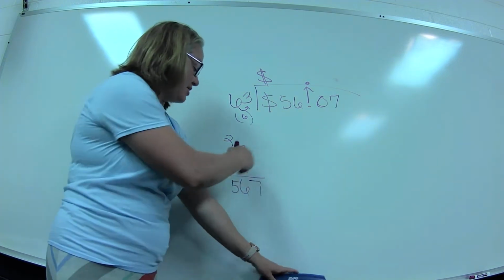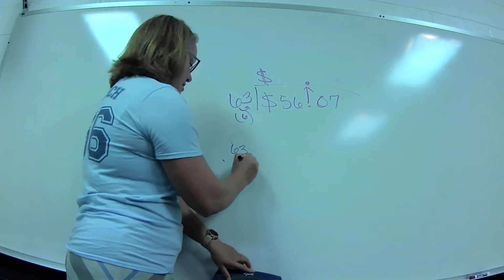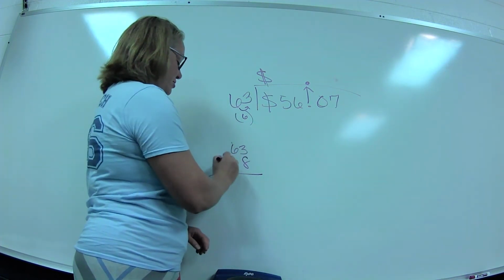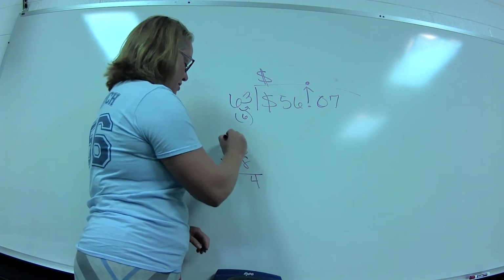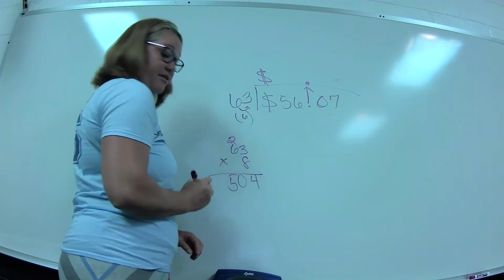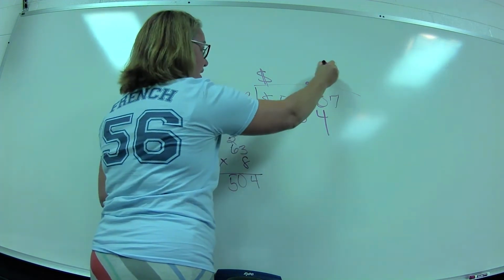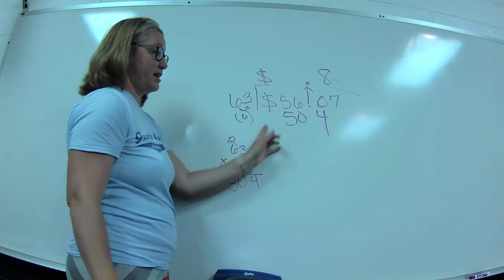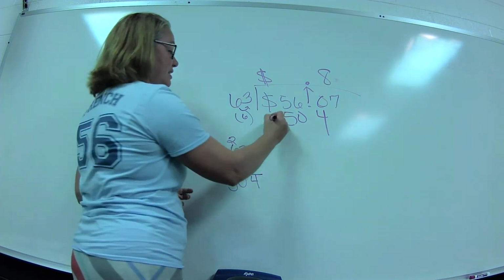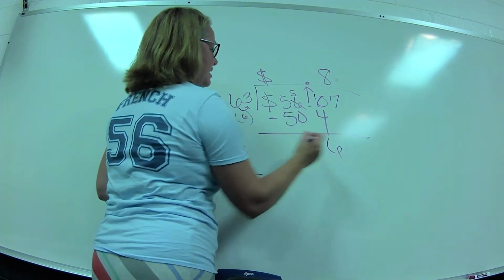So we have to go down to 63 times 8. So 8 times 3 is 24. 48 plus 2 is 504. I'll make sure I put my 8 above the 0 because I went into 560. Now I subtract. It's going to be a 6.